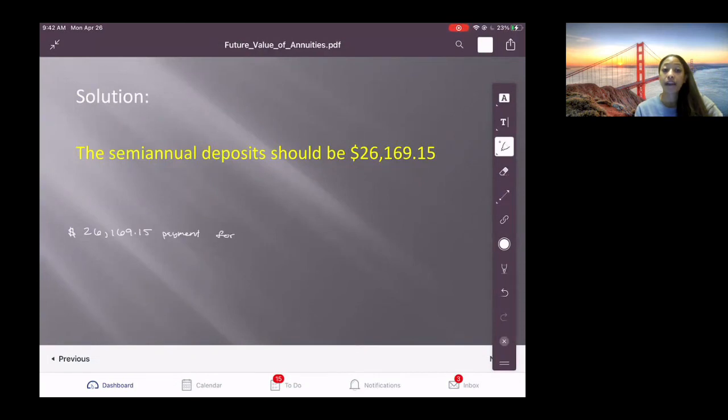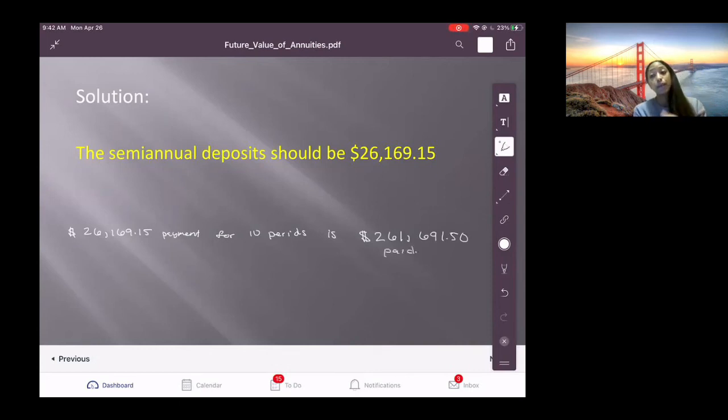Semi-annually for 5 years, for 10 periods. That gives us $261,691.50. Okay, paid.